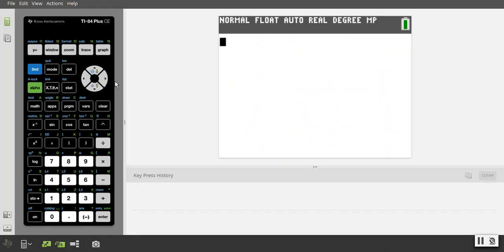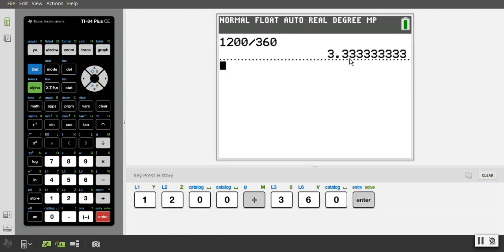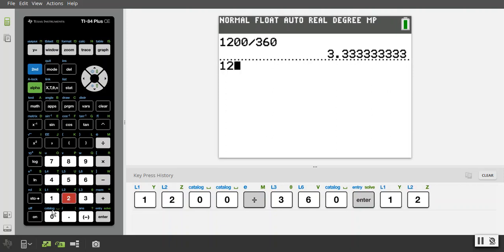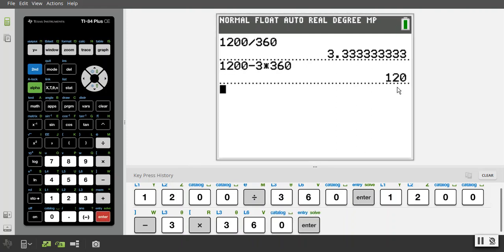For example, with 1200 you divide by 360 and get 3.333, so you subtract 3 times: 1200 minus 3 times 360, and that's where you get 120, and from there you can work out the rest.